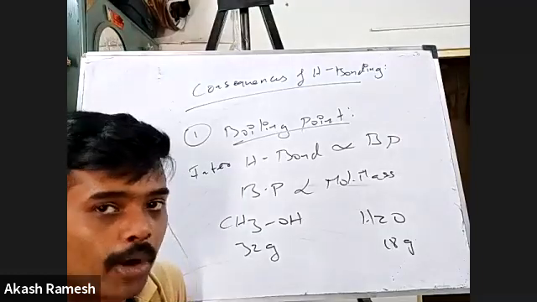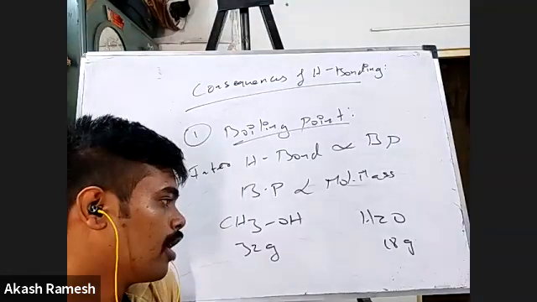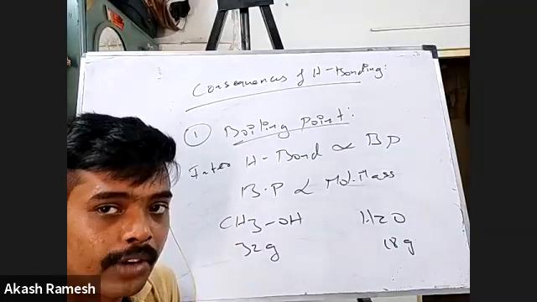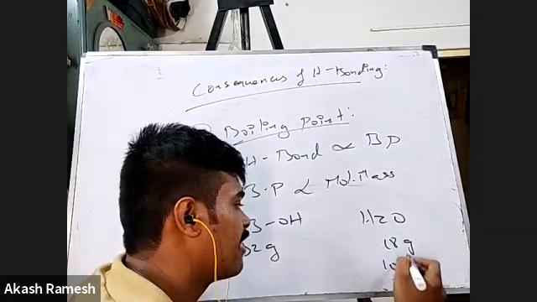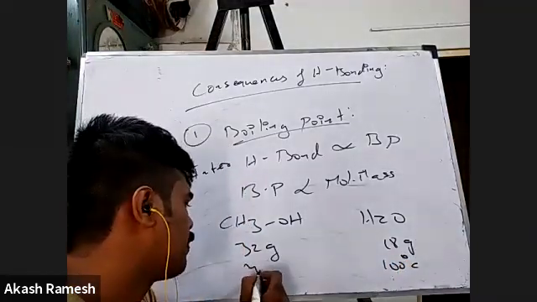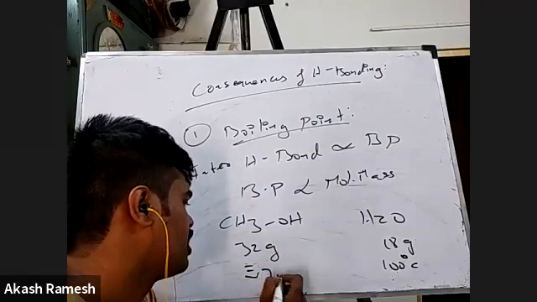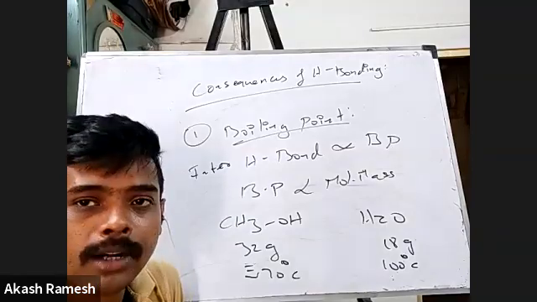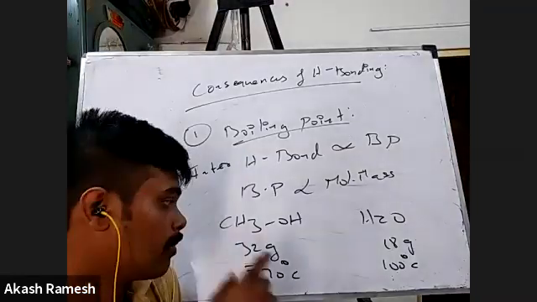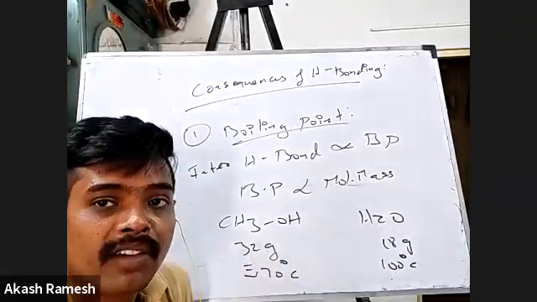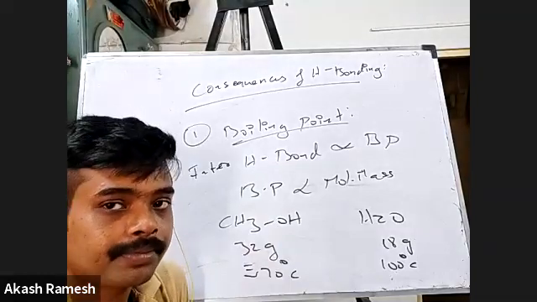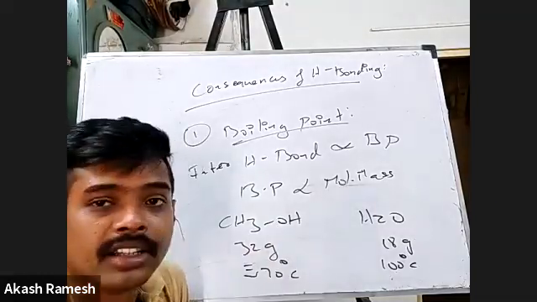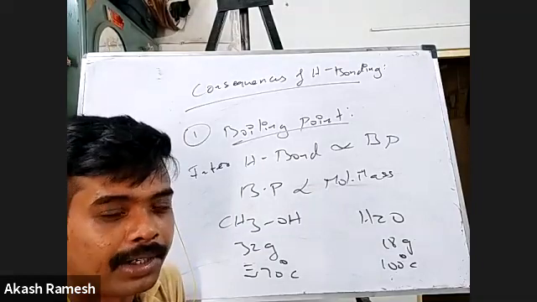If you look at the boiling points, here I have 100 degrees Celsius, and for methanol it is approximately 70 degrees Celsius. I told you molecular mass and boiling point should be directly related, so I expect methanol should have had the higher boiling point. But what I see is that H2O has the higher boiling point.